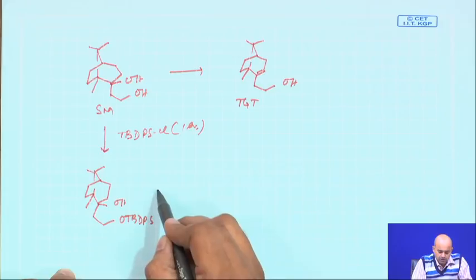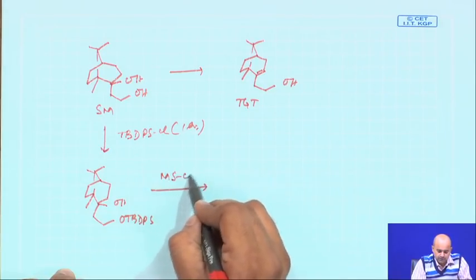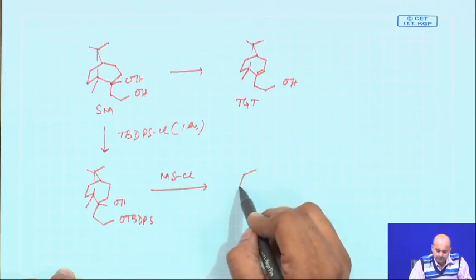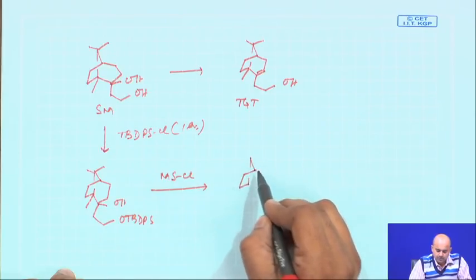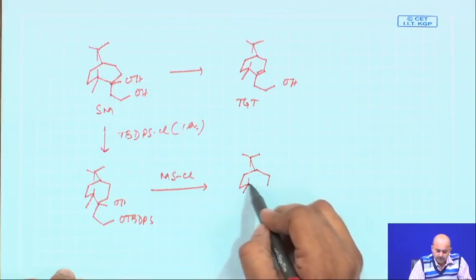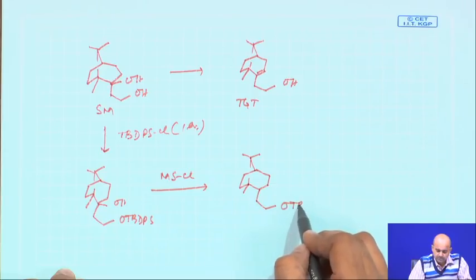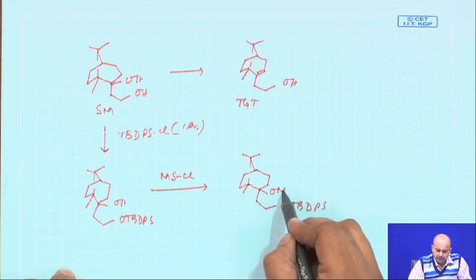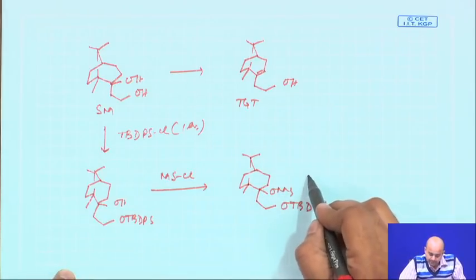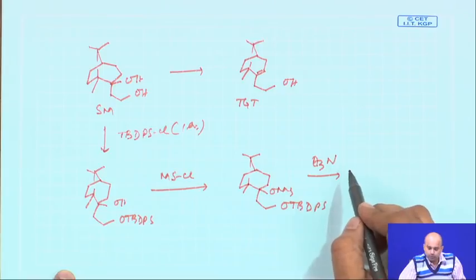Now, this tertiary alcohol you need to touch. First convert the tertiary alcohol to the corresponding mesylate derivative, because mesylate derivatives are easy to eliminate. Convert to the O-mesylate and then heat with a suitable base.